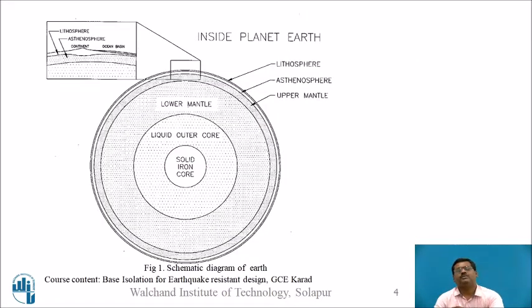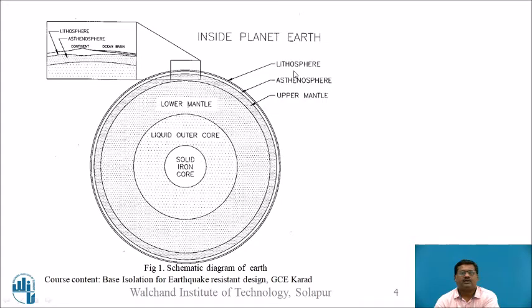Now this is the two-dimensional or schematic diagram of Earth. Several times you have studied the structure of Earth, but from the earthquake engineering point of view, you are going to learn this internal structure of Earth. Now if you see here, there are the terms lithosphere, asthenosphere and upper mantle.